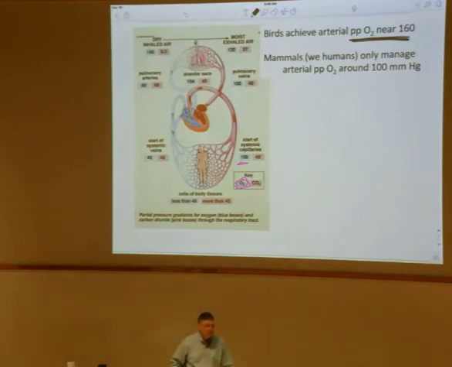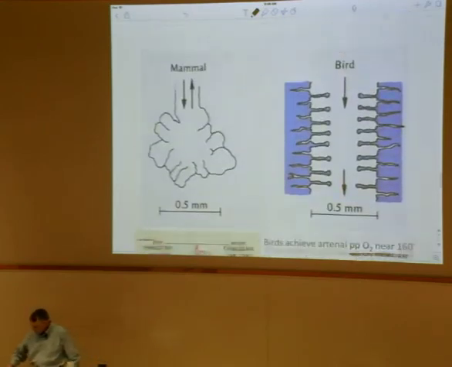Simeon? Yeah, so do we know what causes those closures? That was Sarah's question. It's probably just a ring of circular muscle, but I've never been able to track it down. So they're low pressures.